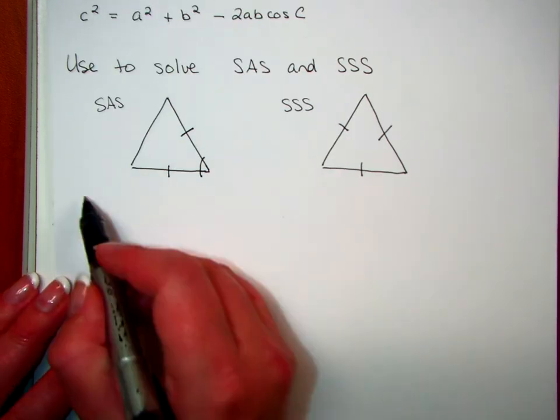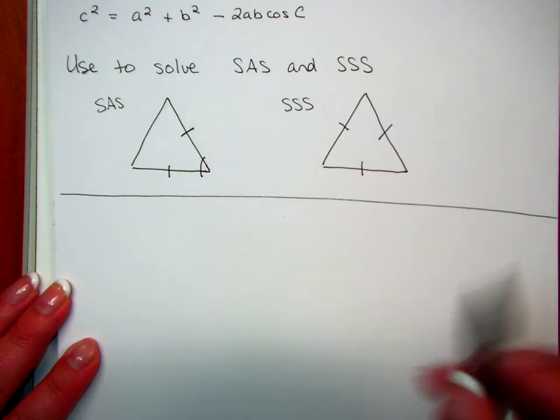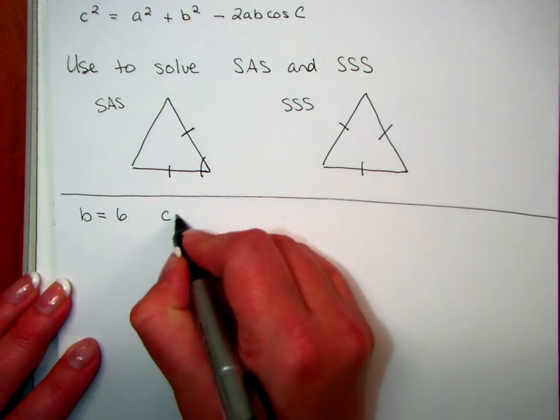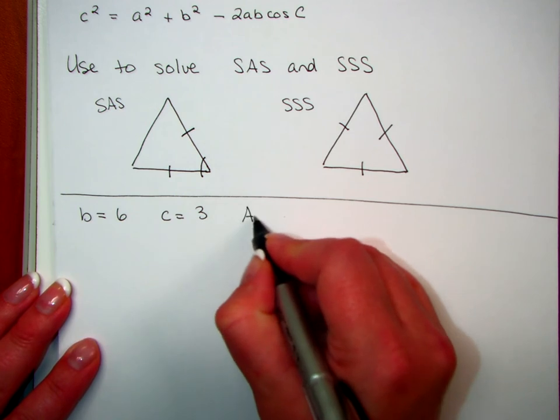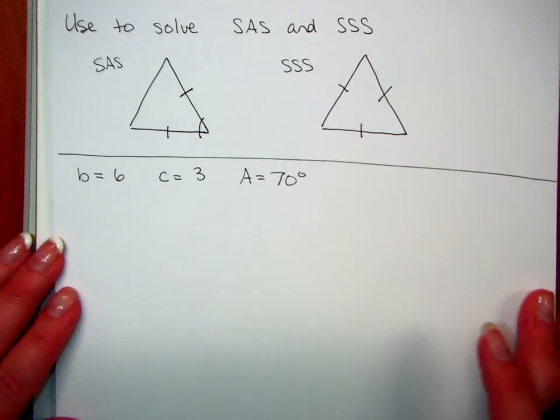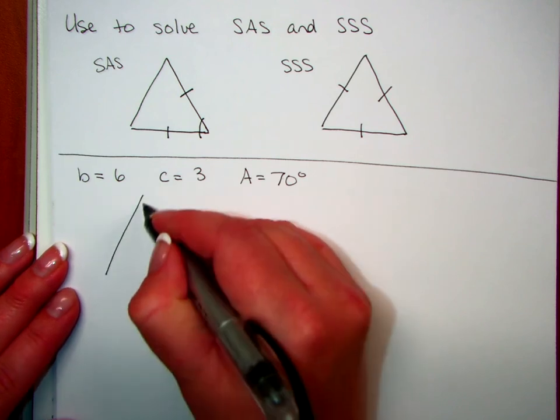All right, so solve the triangle. We're given b is 6, c is 3, and angle A is 70 degrees. Let me go ahead and draw that out.